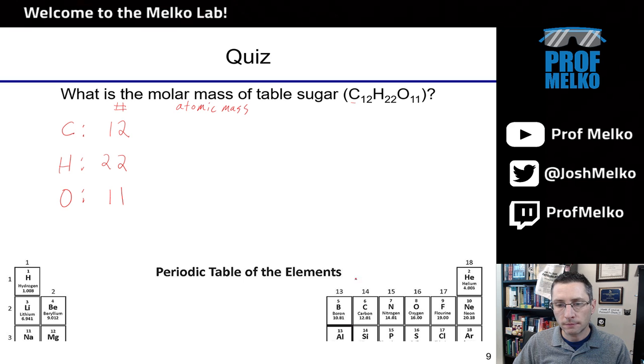For carbon, it's 12.01. For hydrogen, I'm going to round this number to 1.01, just so everything is to the hundredths place. These are always grams per mole. And for oxygen, 16.